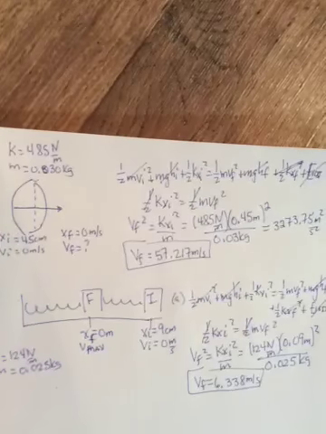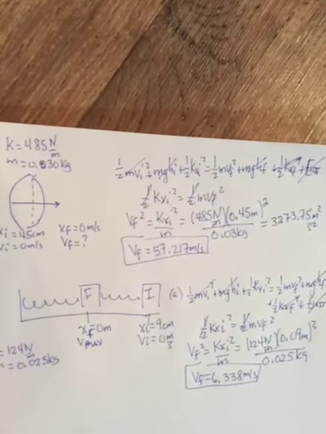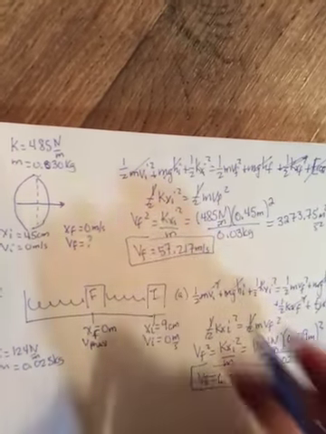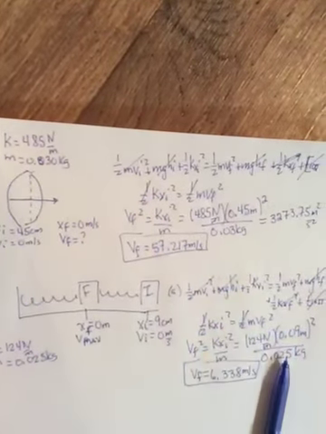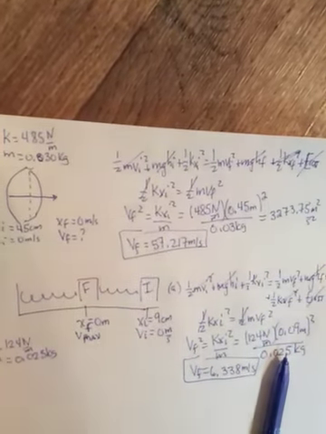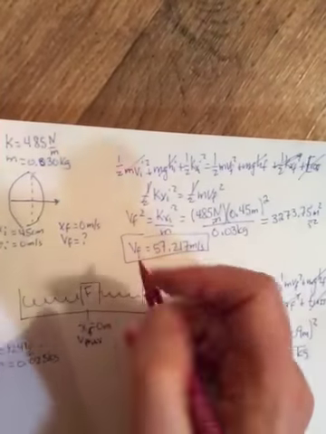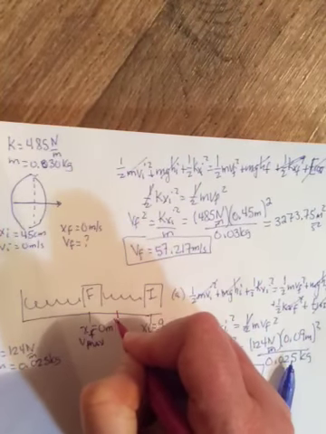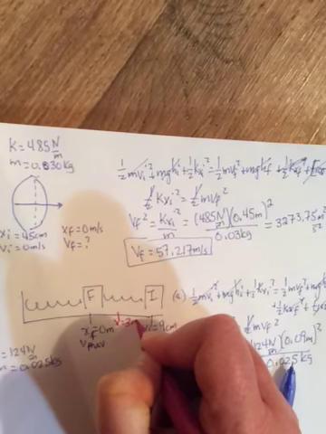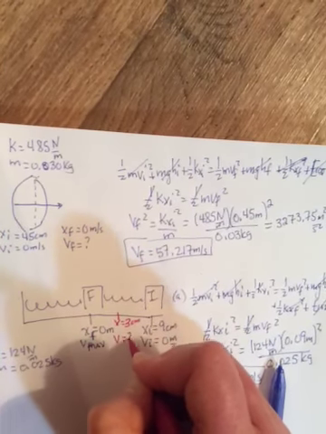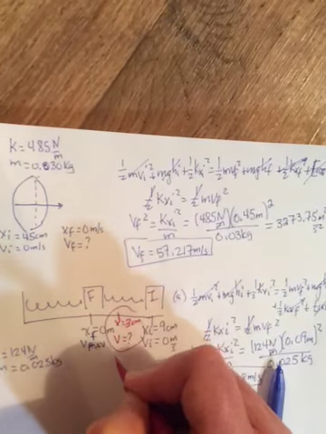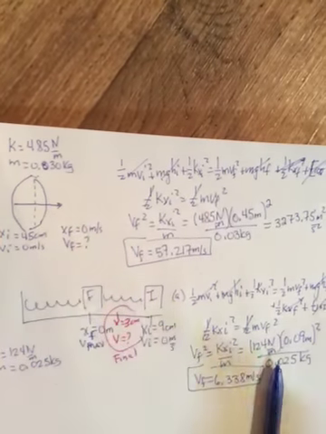There is a part B that says, what's the speed of the mass 3 centimeters on either side? So at a point in here, x equals 3 centimeters, it wants to know what's the speed. So we'll make this our new final. Okay?